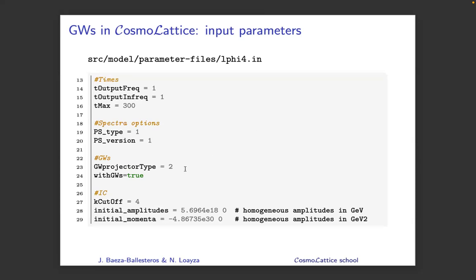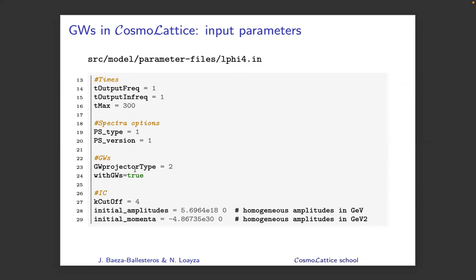You just need to add a line into the parameters file. Let's say we want to do lambda phi to the 4. You will just add into the parameters file this parameter and set the flag to true. And this will be everything you need to do in order to consider the evolution of gravitational waves in CosmoLattice as being sourced by, for example, a lambda phi to the 4 theory.